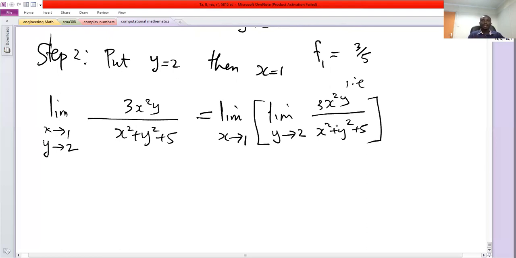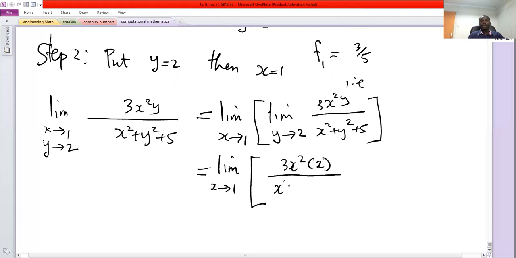So direct substitution will help us evaluate the limit in the square bracket. So limit x approaches 1 of 3x squared, where this y you push to 2, over x squared plus 2 squared plus 5, which will be limit x approaches 1 of 3 times 2 is 6, 2 squared is 4 plus 5 is 9.